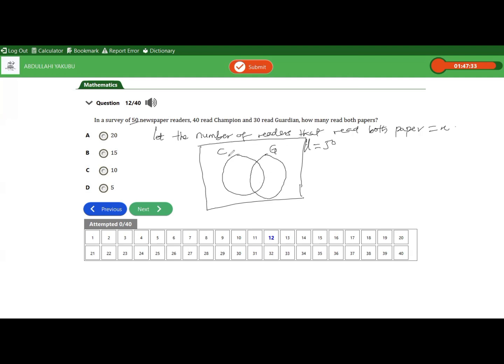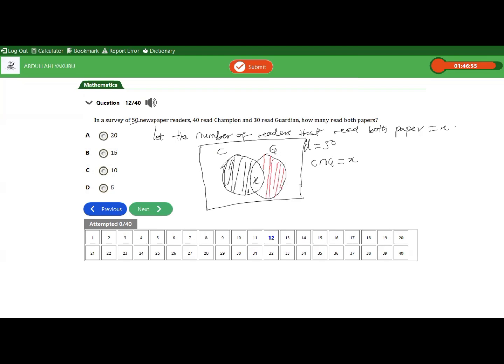Among those that read Champion and Guardian, there are some that read both, which is the intersection here. So that is to say C intersection G is equal to X. Those that read Champion without Guardian, that's what we have here. But those that read the Guardian without Champion occupy this shaded portion here.